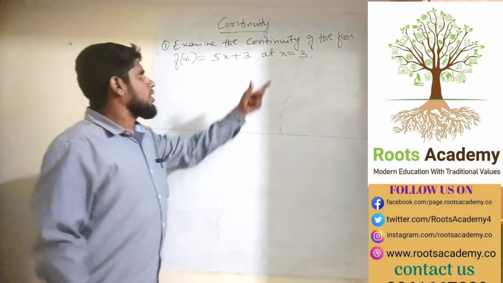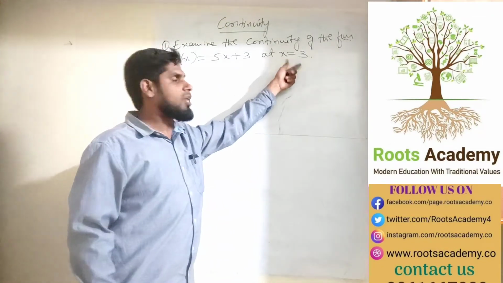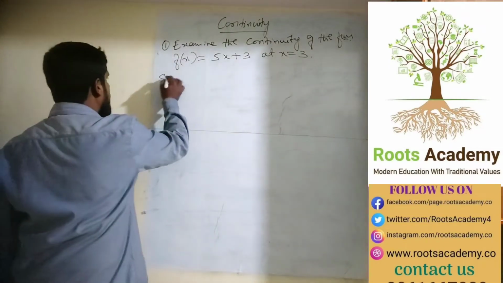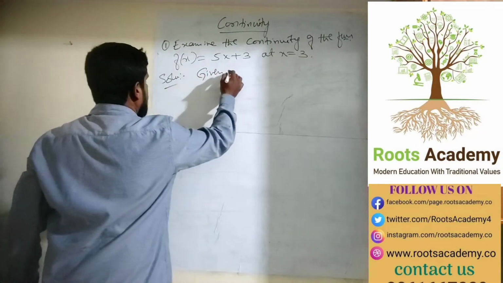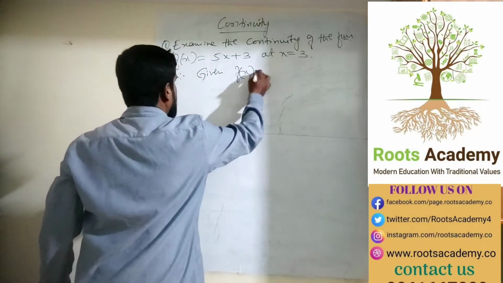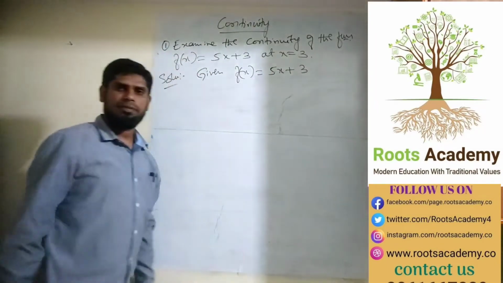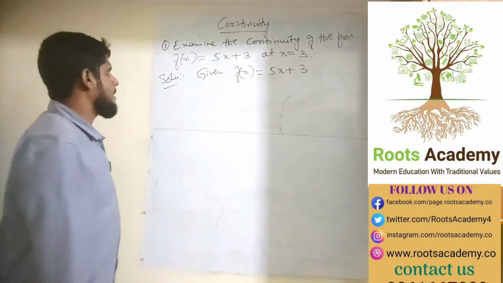So now let us not go for left hand or right hand limit. Directly we can take the limit as x tends to this. Solution. Given f of x is equals to 5x plus 3.